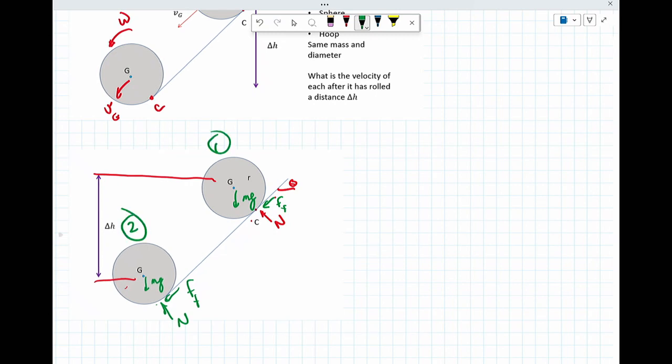So this thing is rotating in the counterclockwise direction. All right, everything's there. So I can say omega is equal to v over r. At this point, I didn't say it explicitly, but it's rolling without slip.